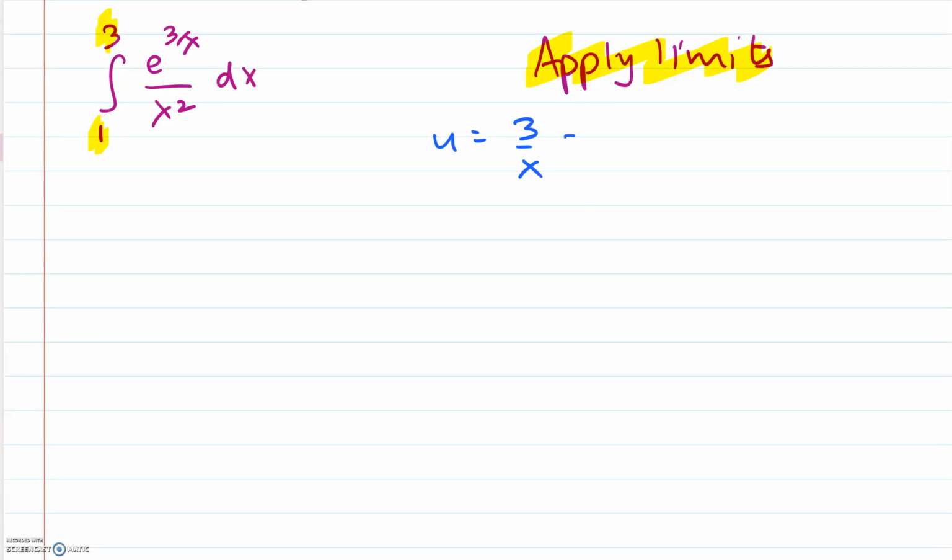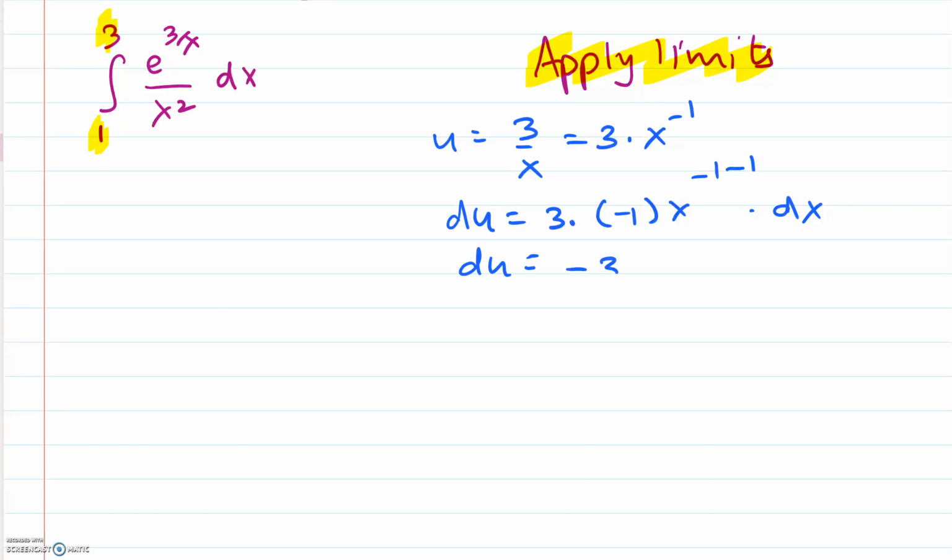So du, let's rewrite this as 3 times x power minus 1, so that we could do the derivative. du equal to 3 times negative 1 x to the negative 1 minus 1, times dx. So du equal to negative 3 x to the negative 2 dx. Make the negative exponent positive, so negative 3 over x squared dx.